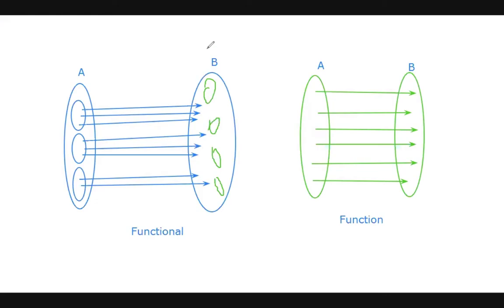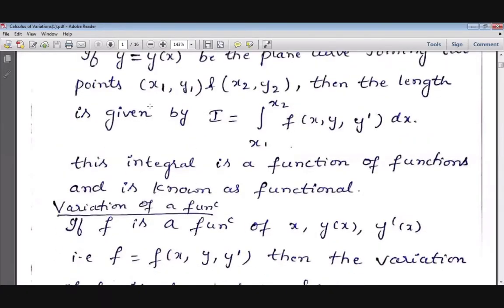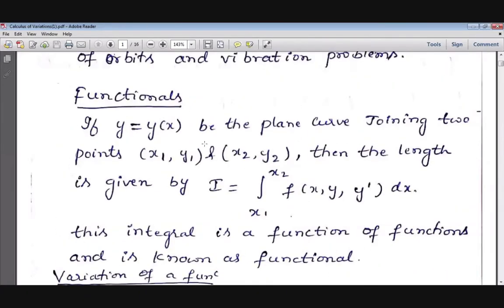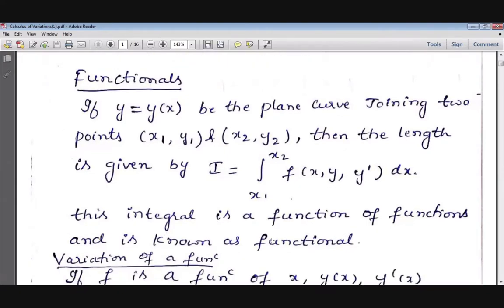Now we'll go to the mathematical meaning. If y equal to y of x is the plane curve joining two points (x1, y1) and (x2, y2), then the length l equal to this integral is a function of functions.